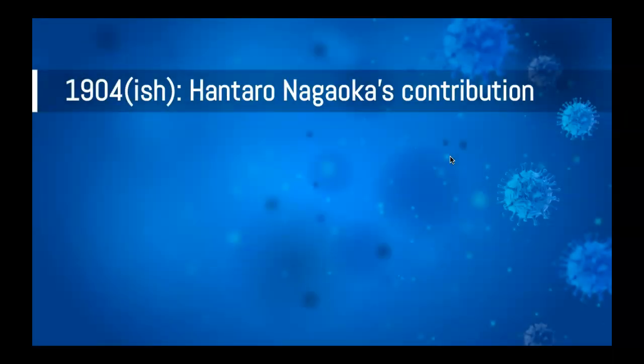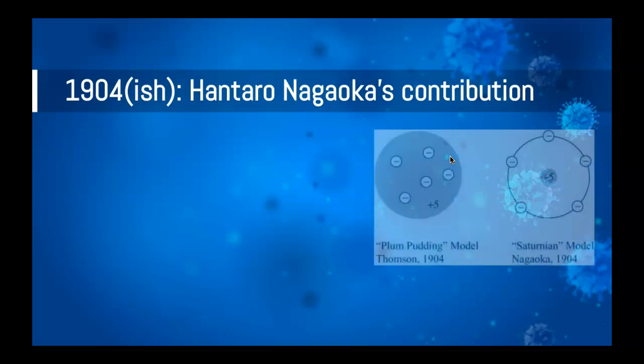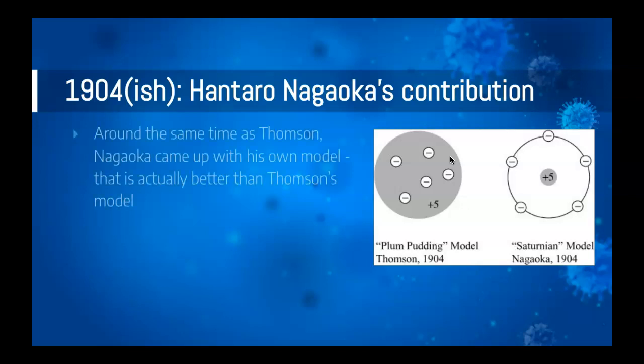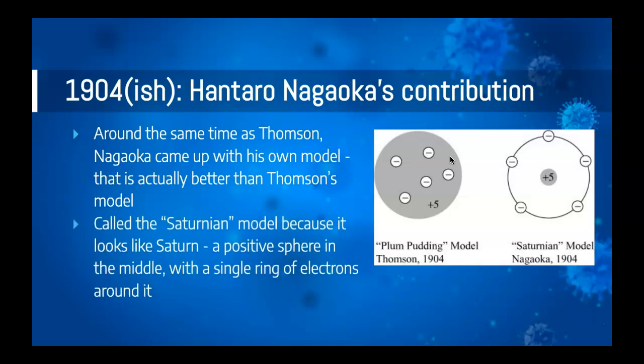So around that time, another scientist named Hantaro Nagaoka, and yes, I did learn how to pronounce his name properly, came up with a slightly different variation on it. As it turns out, his idea is actually probably closer to what the atom actually looks like, but he really doesn't get a whole lot of recognition. His idea was that instead of this plum pudding idea, a solid or spherical structure with tiny negative particles embedded through it, he thought of it more like Saturn.